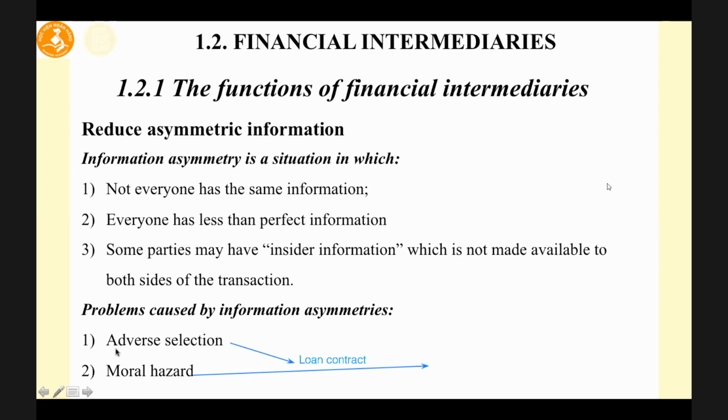So these are the effects of asymmetric information, and the bank can reduce the asymmetric information because the bank has professional employees. The employees have the skills and enough knowledge, and they are trained to collect information to identify the right customer.